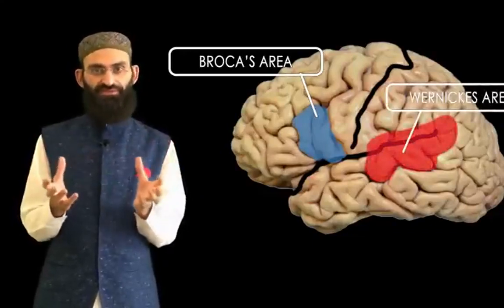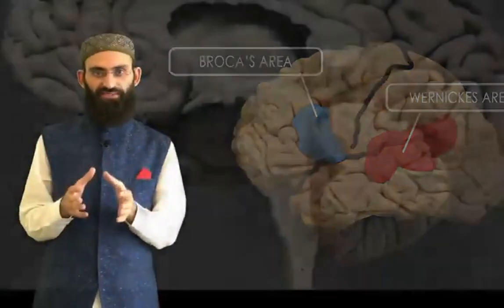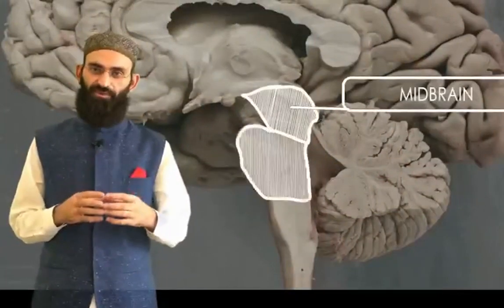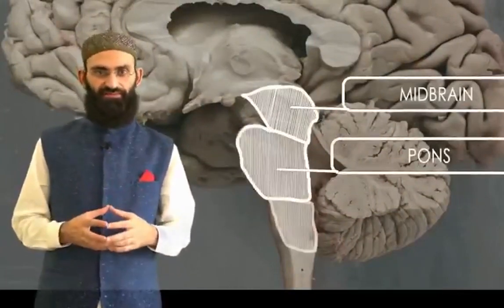Cerebral hemispheres are connected to the brainstem through cerebral peduncles. The brainstem has three parts: midbrain, pons, and medulla oblongata.